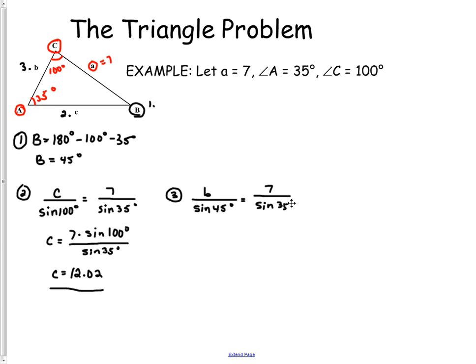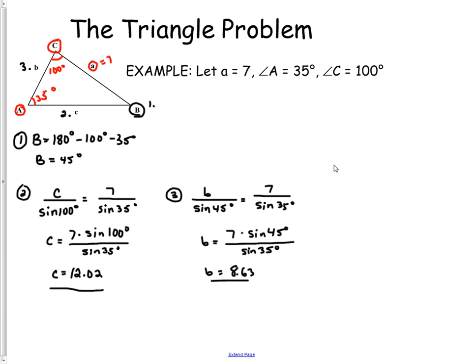And this is really just like what we just did in the last calculation. B would equal 7 times the sine of 45 degrees divided by the sine of 35 degrees. And again, I worked out this number earlier on my calculator, and I found that value was 8.63. You might verify this on your own calculator just to ensure that I'm doing everything right.